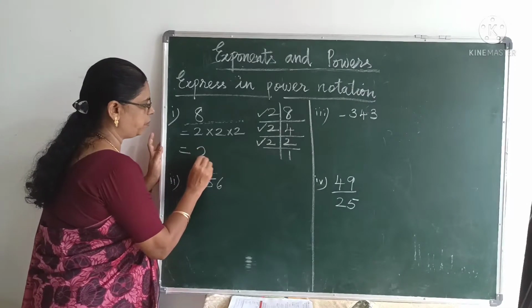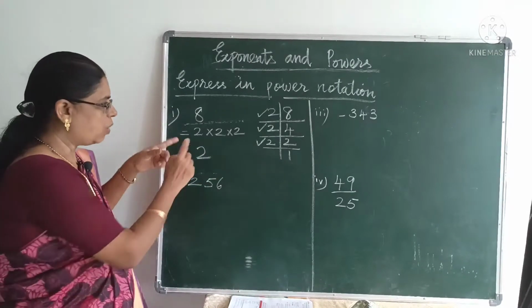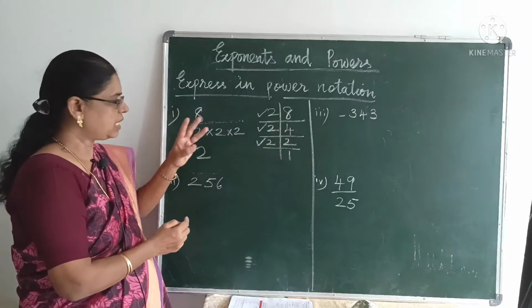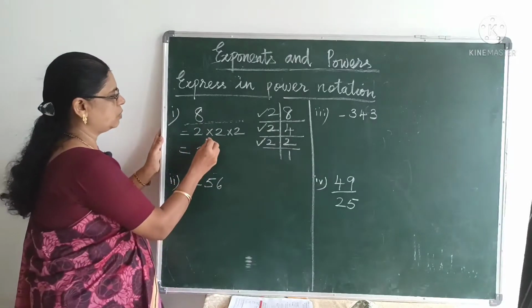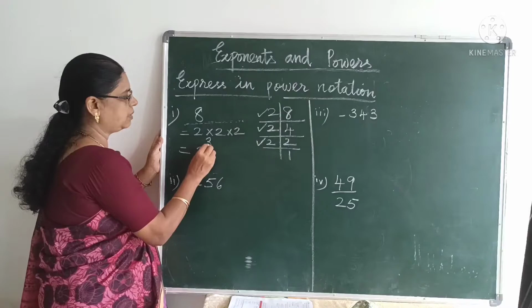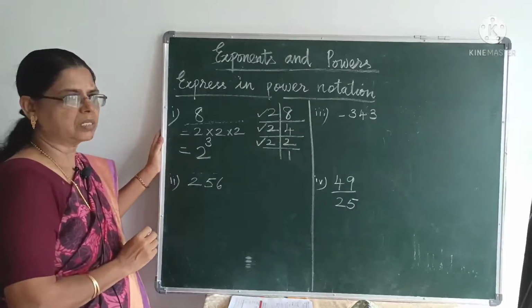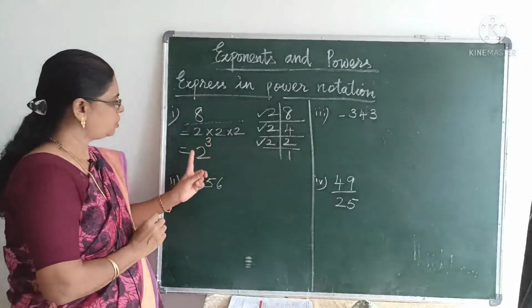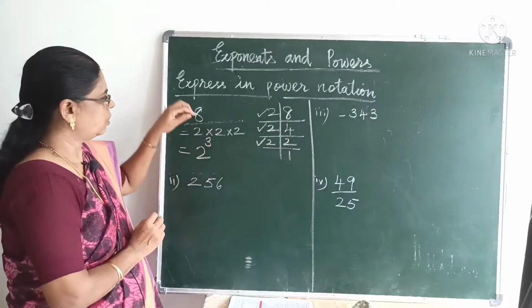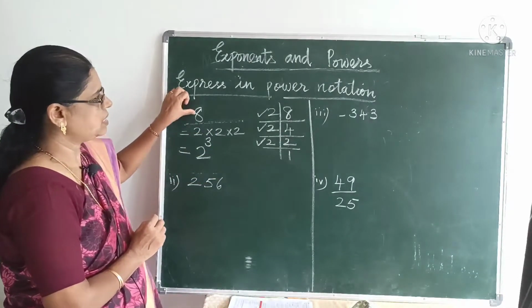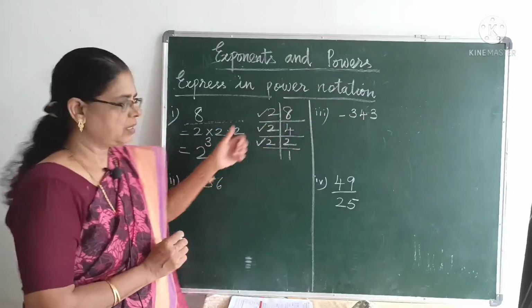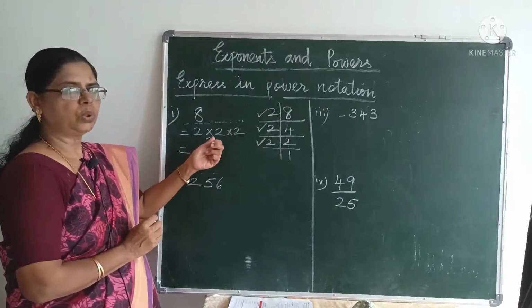So 2 is the base. And how many times it is taken? 3 times it is taken. So 3 is going to be the power or exponent. How will you read it? 2 cube. So when you express 8 in power notation, the answer is 2 cube.